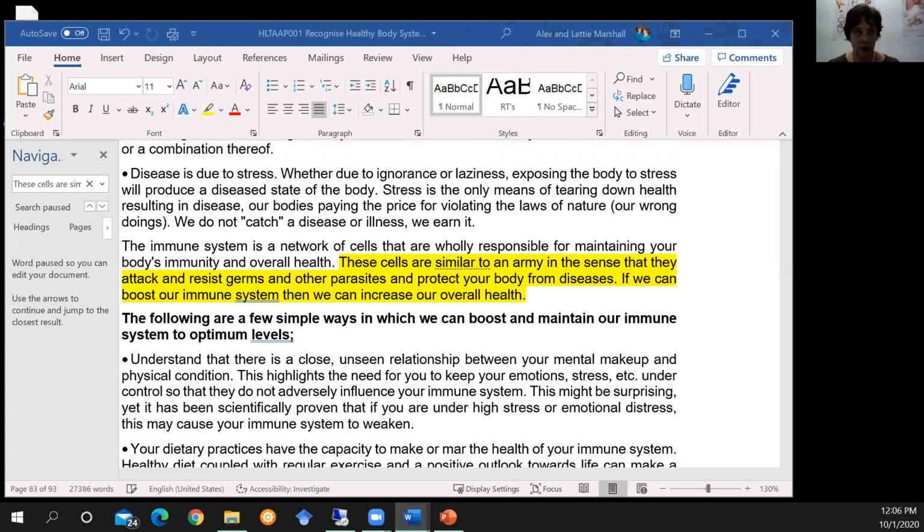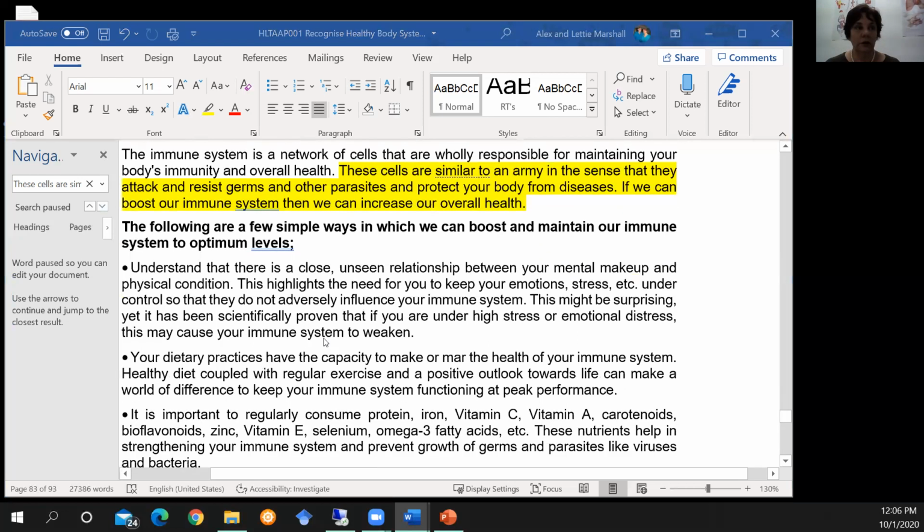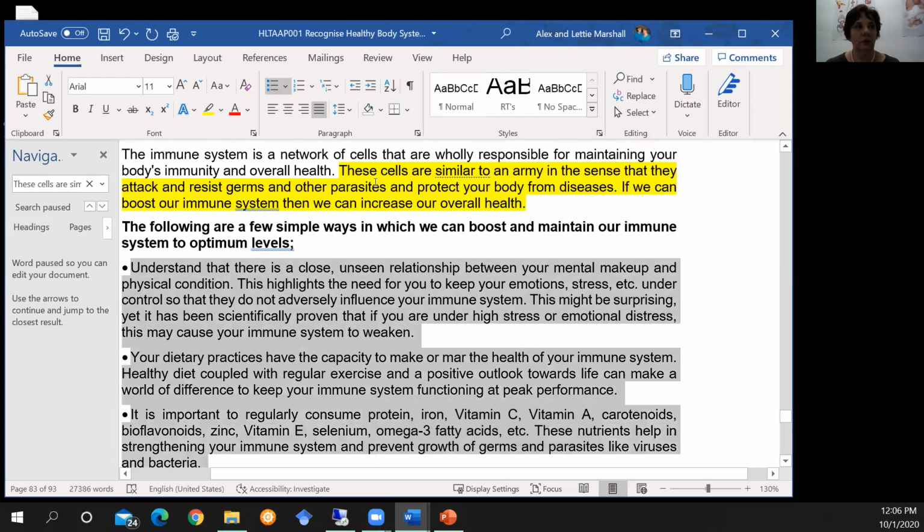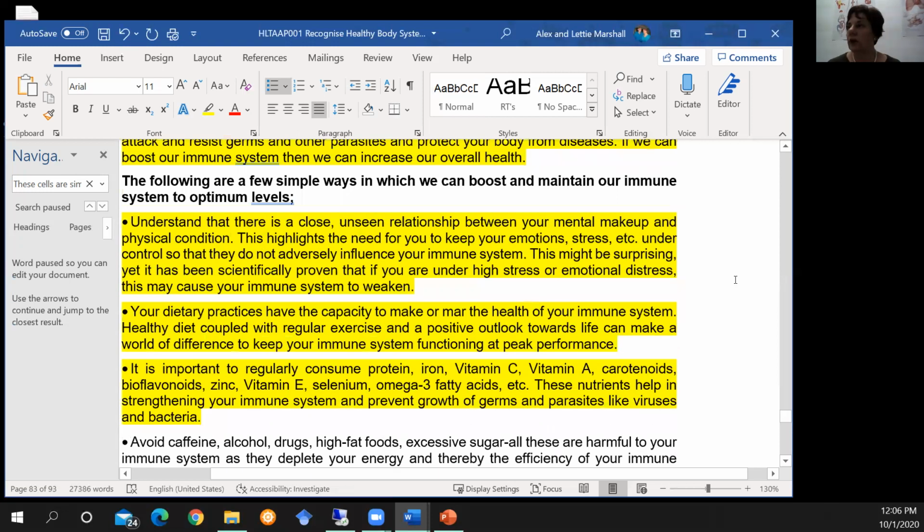Page 83 has got a bit on it as well. Understanding how to boost the immune system goes on; you can pick a bit out of the following few ways to boost the system. Not obviously everything, but you can highlight one or two issues there in understanding the function, because when you read it a little bit, you understand the function a little better.